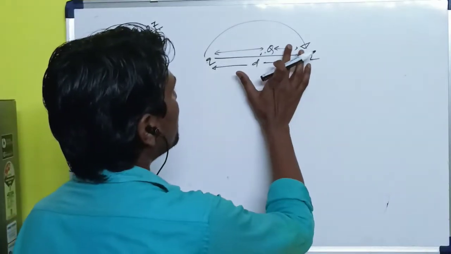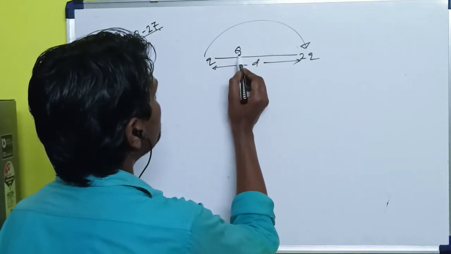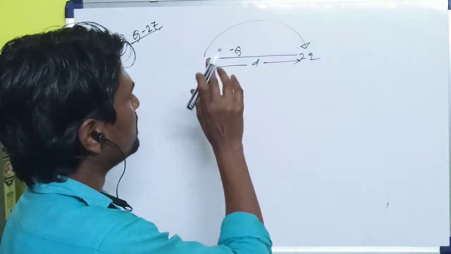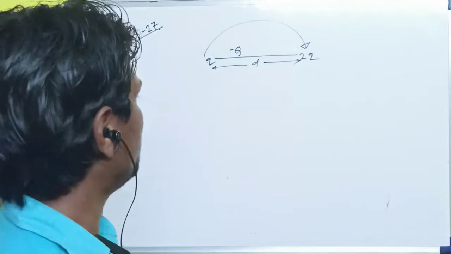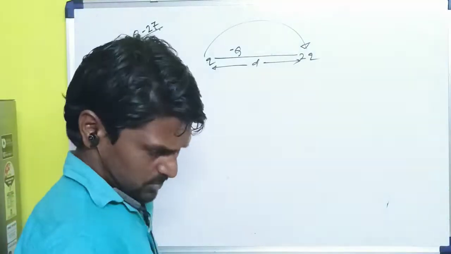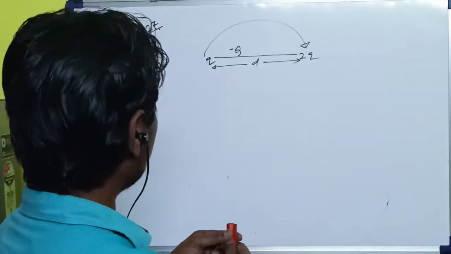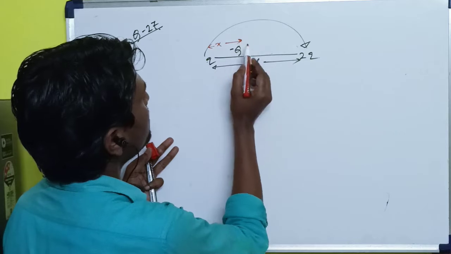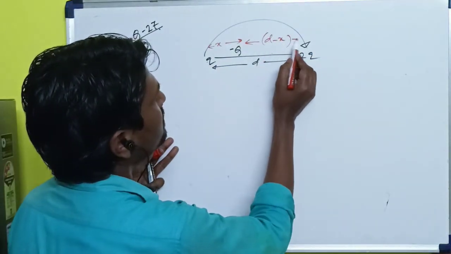If we change the distance, with capital Q and minus Q, the distance is small but the charge is very large. Yes, it is possible. So if we take this as x distance from this one, then this distance is d minus x.